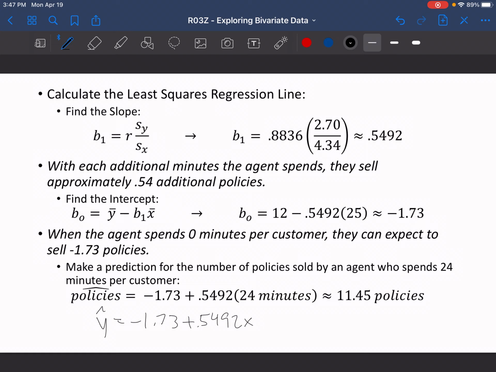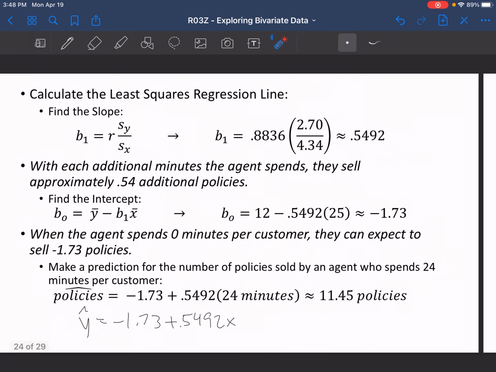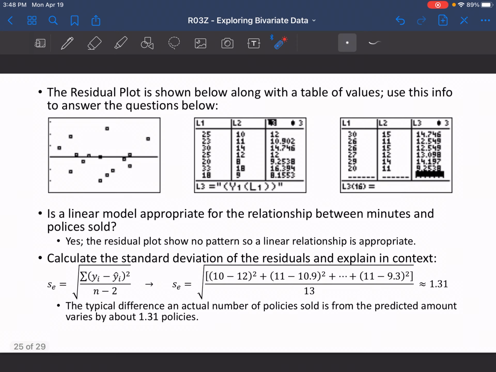All we need to do if we're asked this question is plug in 24 for x and then solve, and that's going to give us an approximate value. So the agent can probably sell about 11.45 policies if they spend on average 24 minutes per customer in this case.